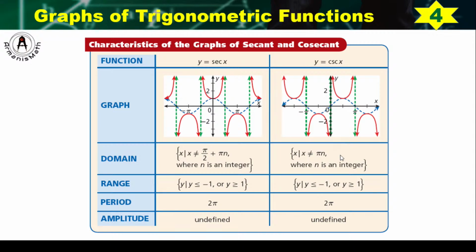All right, same information with one exception here. The x does not equal pi or pi n. What is pi in degrees? Okay, and what is the sine of 180?